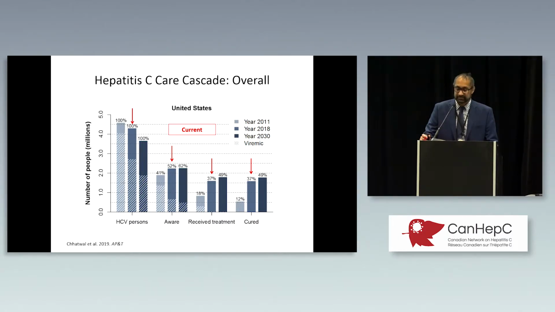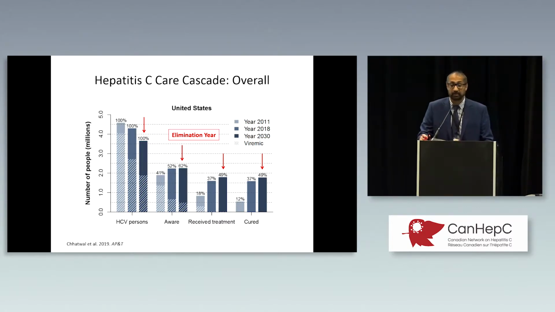If we continue at the same pace and do not change any setting, the same status quo of screening and treatment policies that we have in the US, then by 2030, the elimination year, close to 2 million people will still have chronic hepatitis C infection. The awareness rate would be 62%, and close to 50% of people would have achieved cure by that time. So clearly very far away from the elimination targets defined by the WHO.